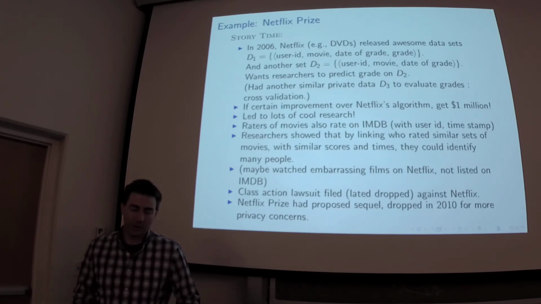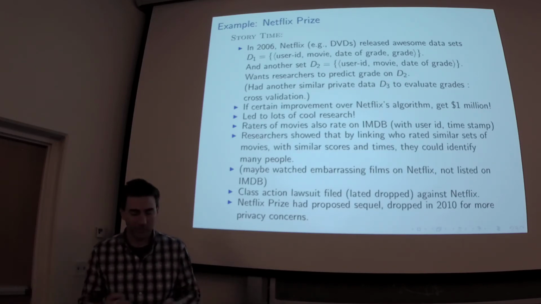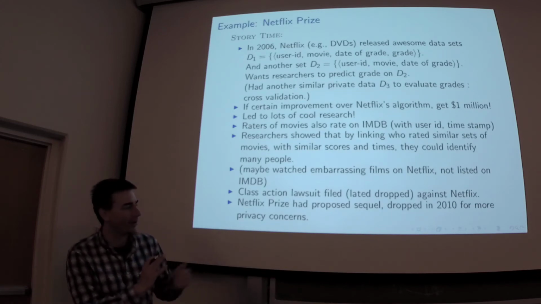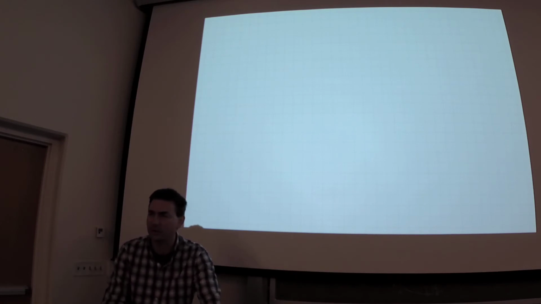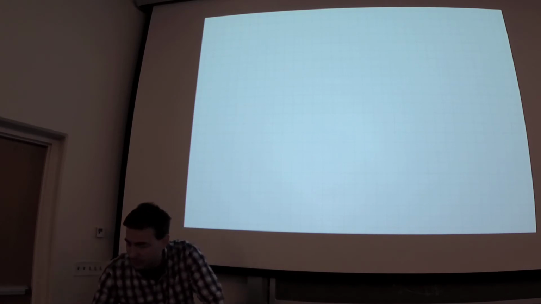So, okay, around 2000 there was some despair around this, but starting a little bit before, I think around 2006 or so, this idea of differential privacy started coming out.